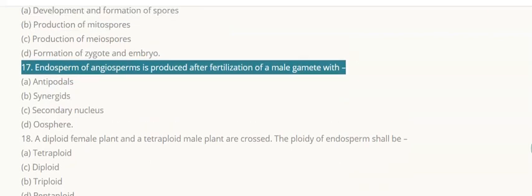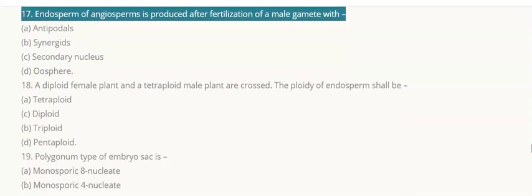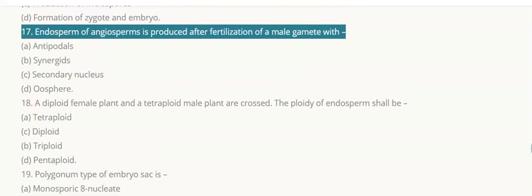Then question 17. Endosperm of angiosperms is produced after fertilization of a male gamete with antipodal cells, synergids, secondary nuclei, or oosphere. Here endosperm is formed by the fusion of the male gamete with the secondary nuclei.